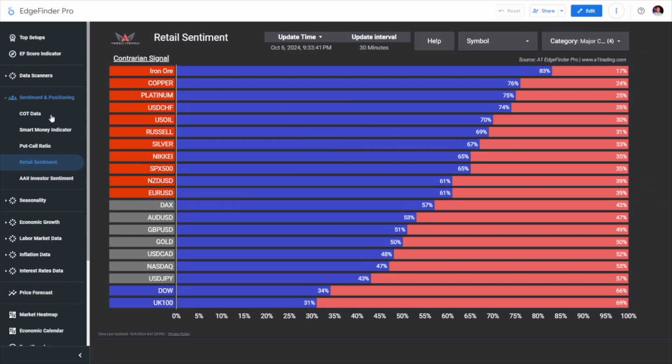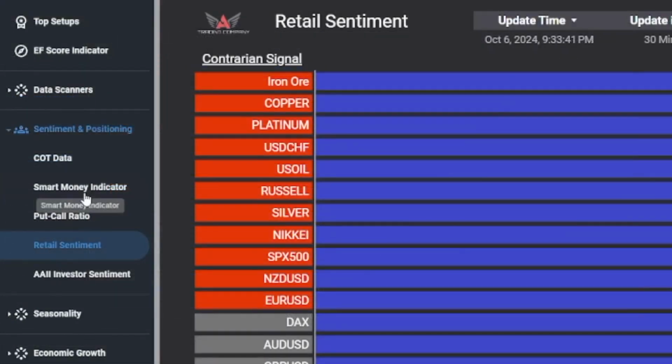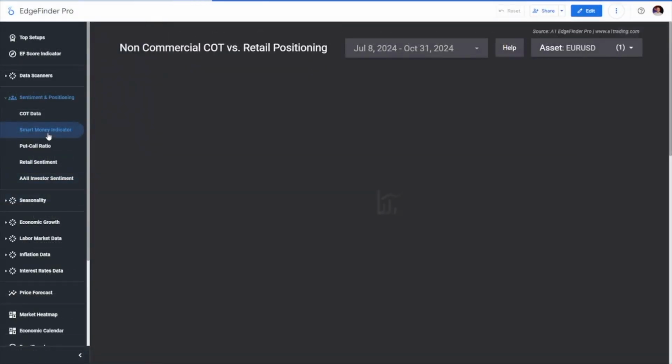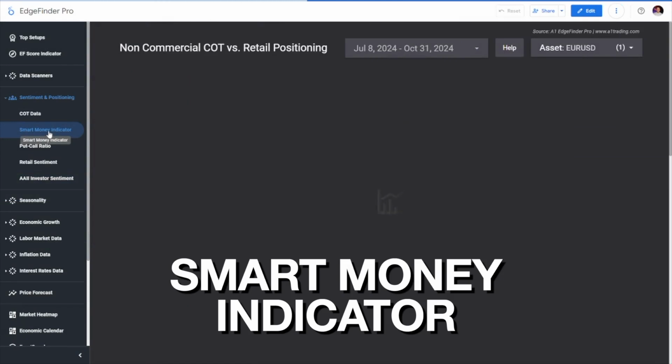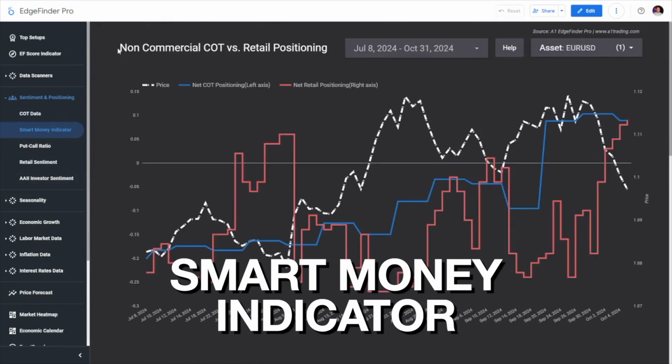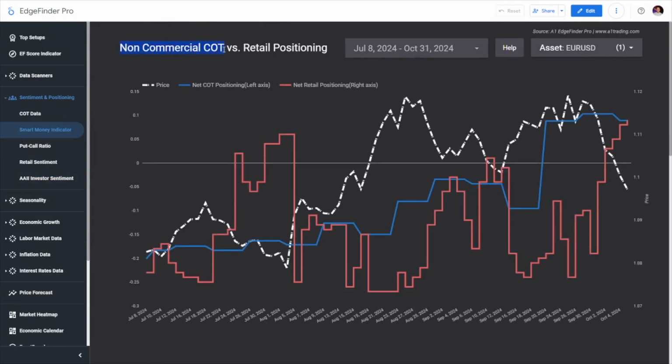In fact, before we move on to other sentiment tabs, I want to show you a very cool indicator we built. We call it the Smart Money Indicator. If we pull this up, what you'll see is that it crosses the commitment of traders data, which we previously discussed, with retail positioning all in one chart for your easy access convenience. And you'll see that we've got three different variables: the price of the underlying asset, in this case the EURUSD, the net COT positioning, and the net retail positioning.